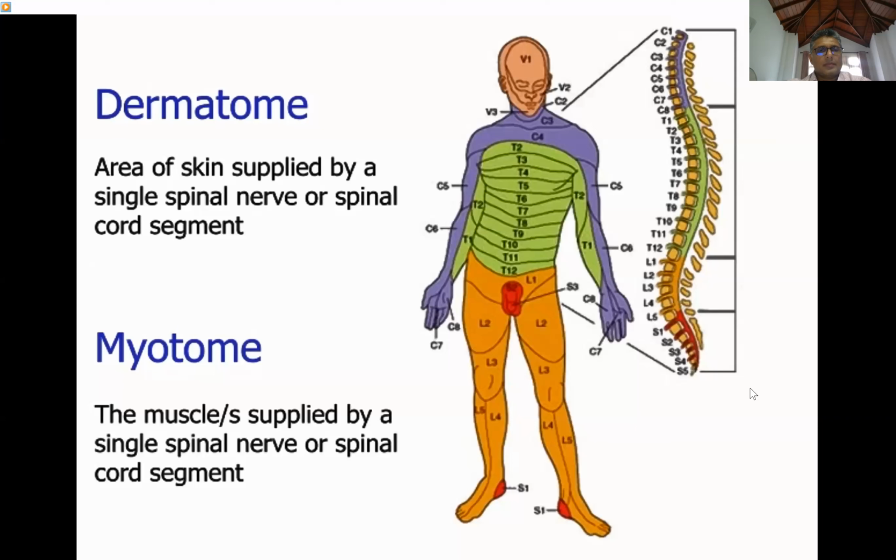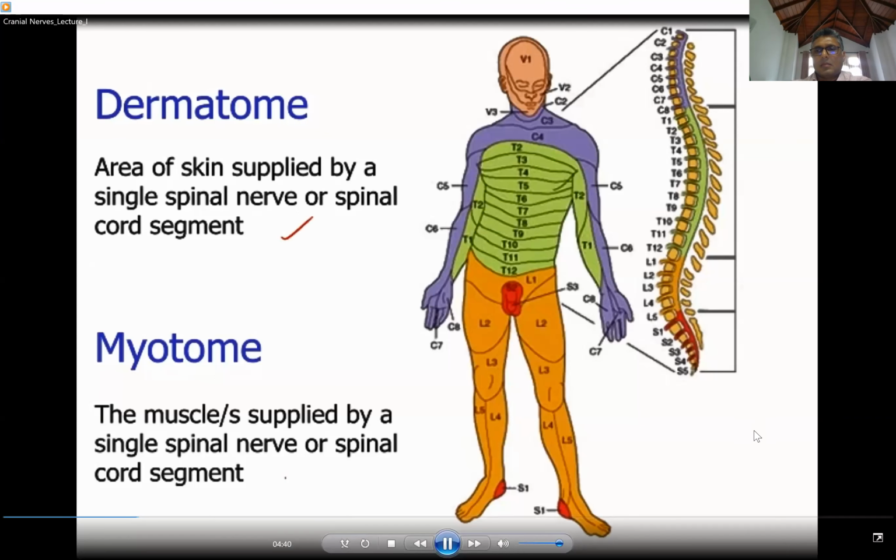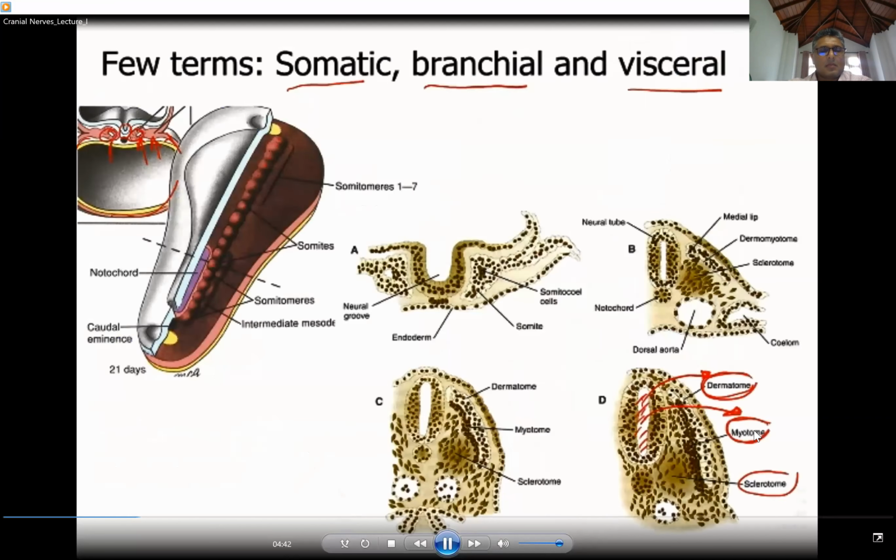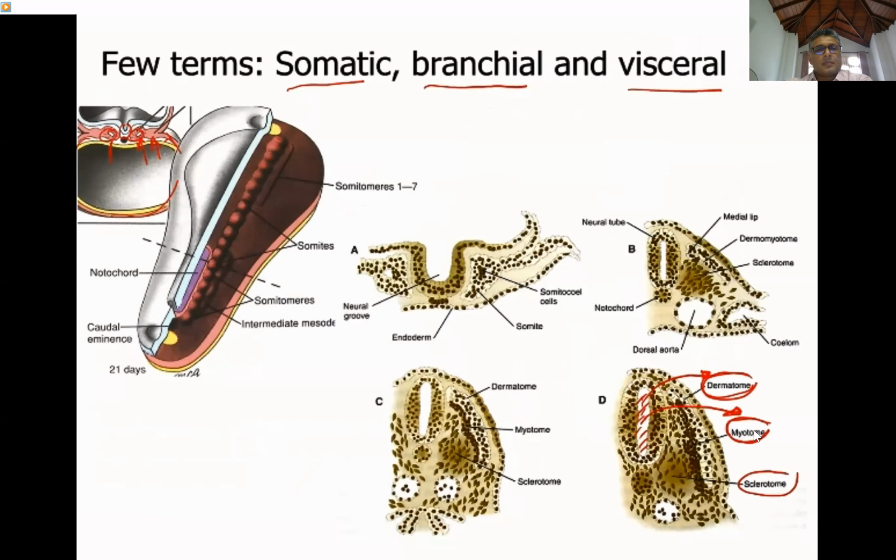And a myotome is muscle or muscles supplied by a single spinal nerve or spinal cord segment. Now, the reason for this definition is the fact that they develop from the same somite and are supplied by the spinal nerve of that spinal segment.